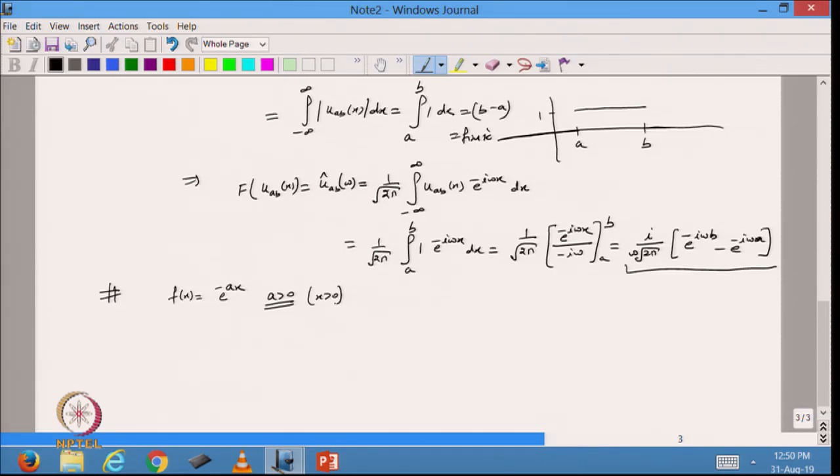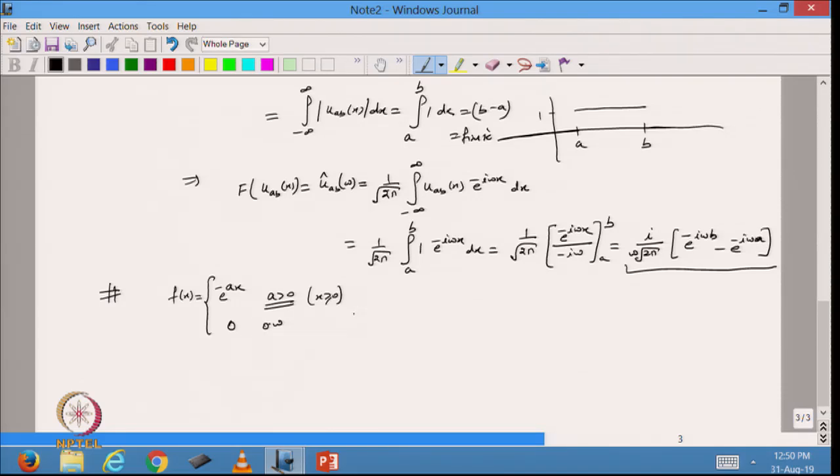So, this is my function. It is equal to 0 otherwise. When x is greater than or equal to 0, the function has this value, where a is always positive, and 0 otherwise.